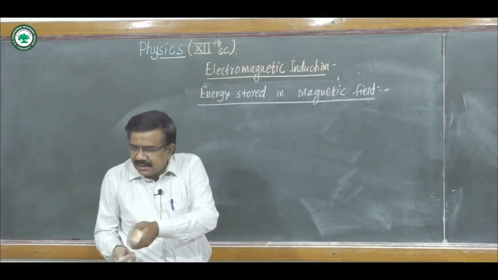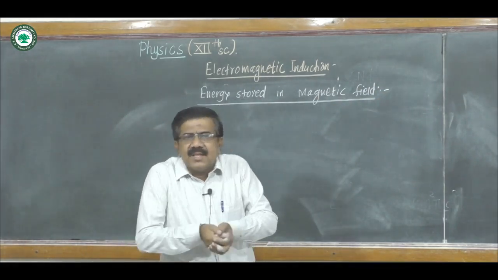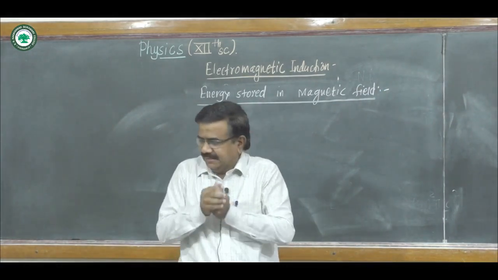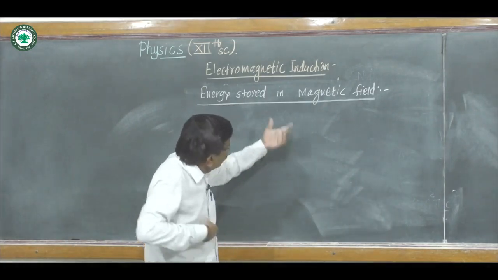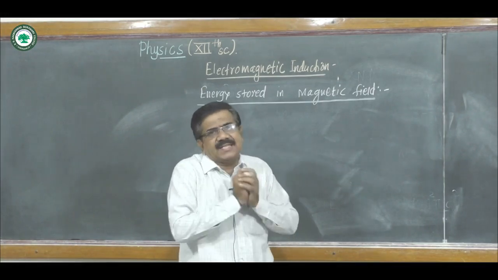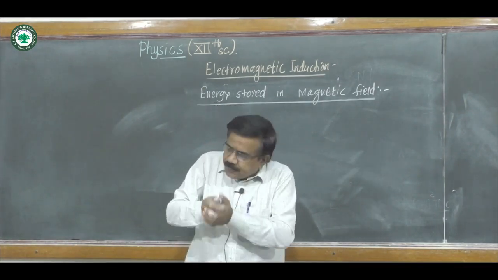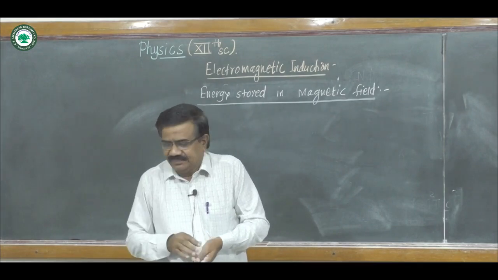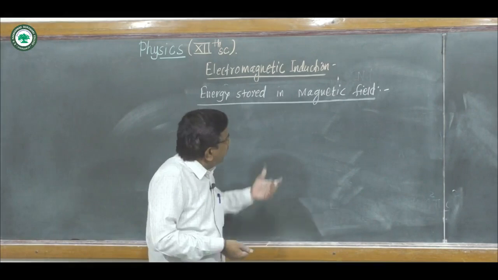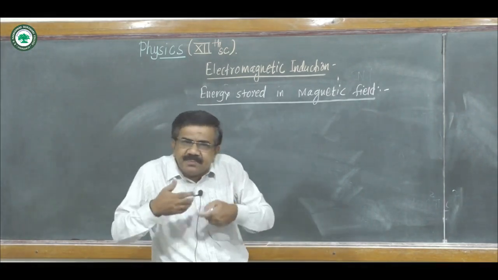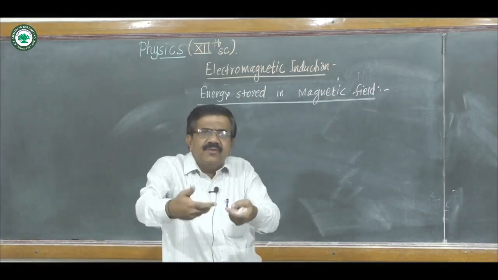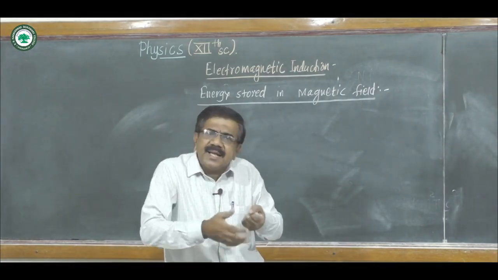We know that changing magnetic flux in a coil causes an induced EMF in the coil, and this induced EMF opposes the change in magnetic flux which is responsible for its production. Hence energy has to be spent to overcome it, to build up the magnetic field. This energy may be converted into heat in a resistance of the circuit.